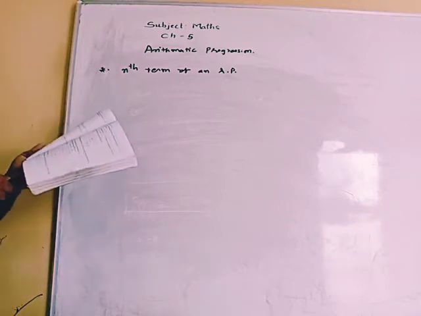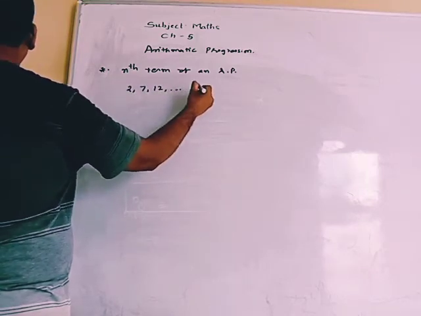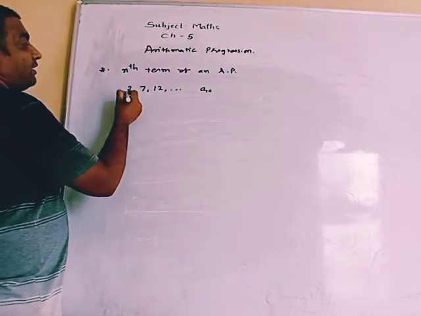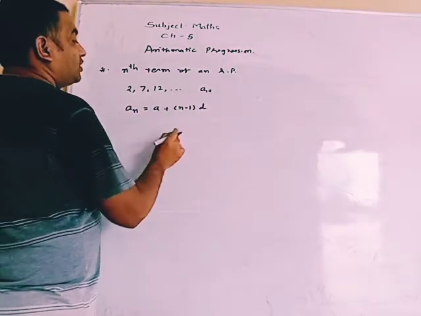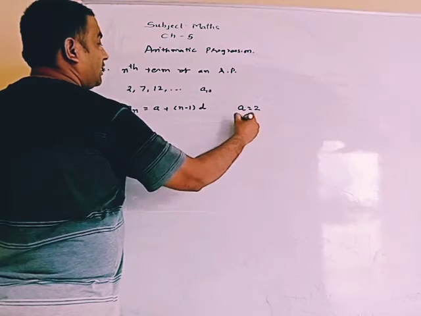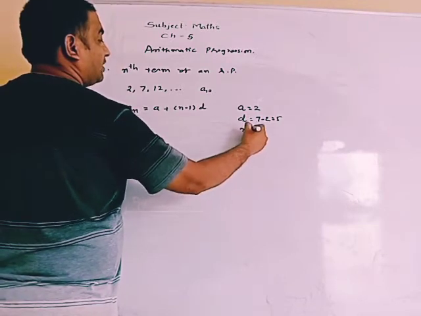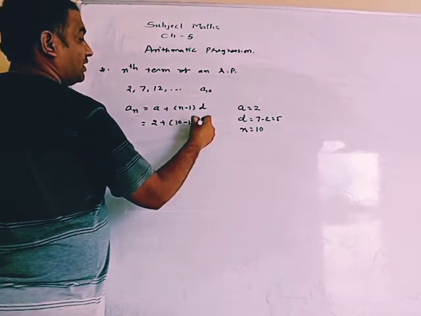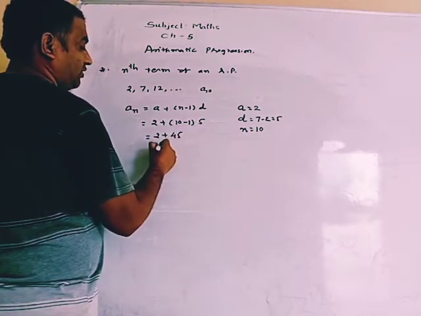Let us see some examples. Example 3: if the AP is 2, 7, 12, then what will be its 10th term, that is a10? The general form is an equals a plus (n minus 1)d, so a and d are required. a is the first term, 2. d is the common difference, 7 minus 2, that is 5, and n is 10. Substituting, 2 plus (10 minus 1) into 5, so 2 plus 9 fives, which is 45, so it will be 47.